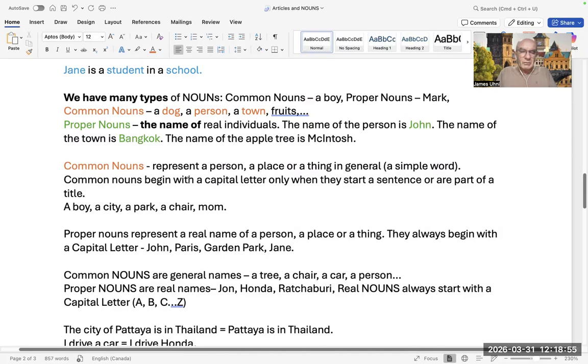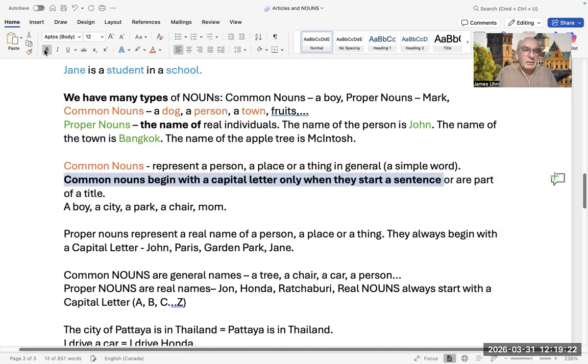Common nouns begin with a capital letter only when they start a sentence. This is the most important part. So let's make it visible: or are part of a title. What a title is, we'll talk about later.